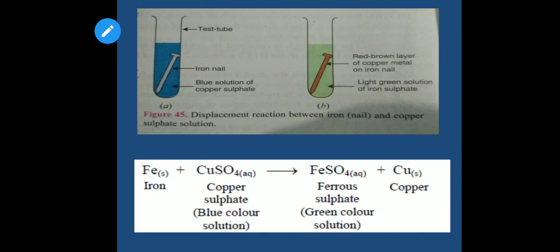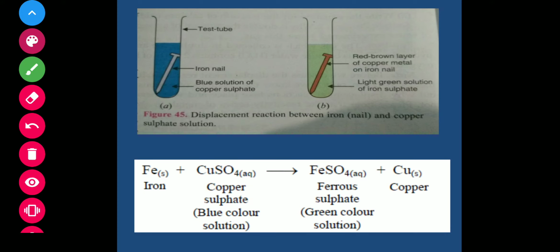Here we know that iron is more reactive than copper, so iron is going to displace copper from copper sulfate and we will get copper and ferrous sulfate. Iron is more reactive, so it displaces copper and takes the place of copper and we will get ferrous sulfate and copper.